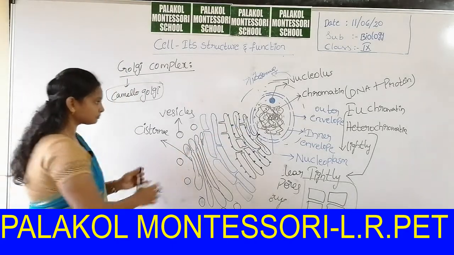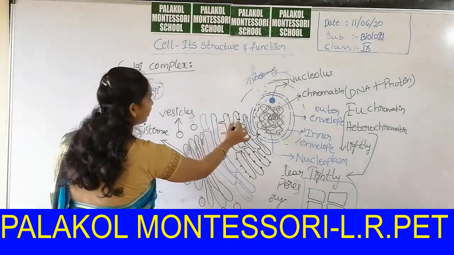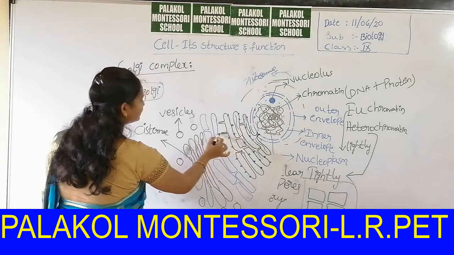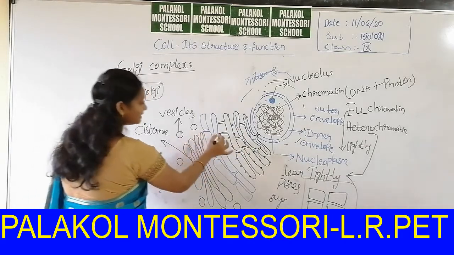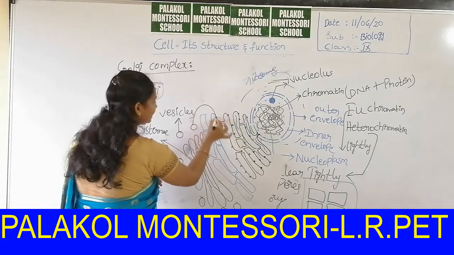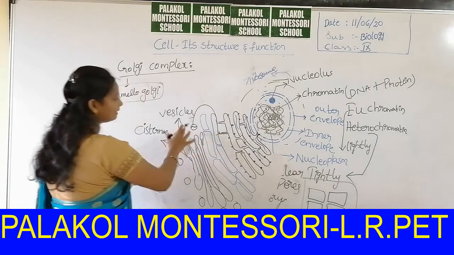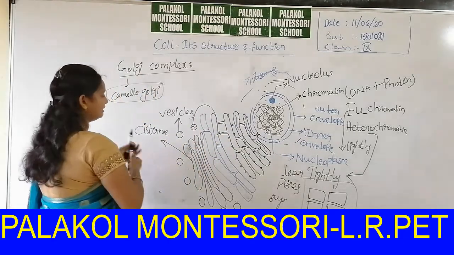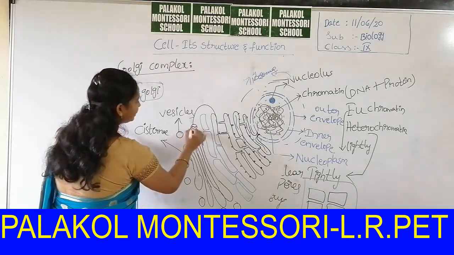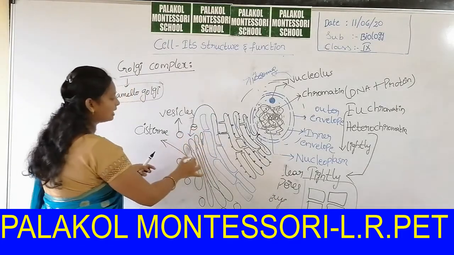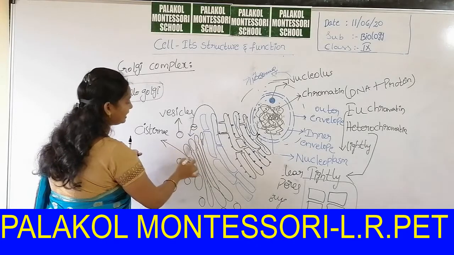The proteins come out through these channels, and from these channels a vesicle will take up that protein and transport it into the Golgi complex, into the cisternae.